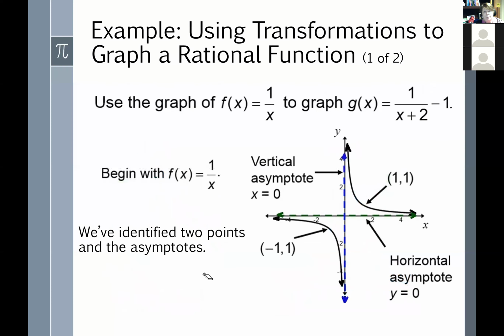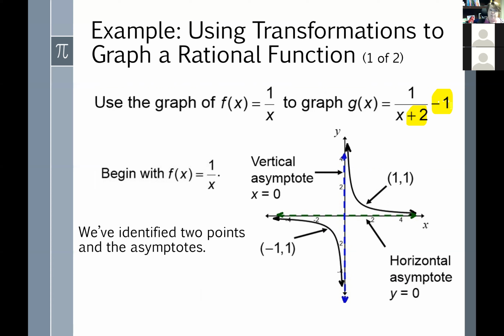So if we take the reciprocal function f of x equals 1 over x, and we add a 2 to the x, which we did right here, and then we subtract 1, we get a new function, g of x. So g of x is 1 over x plus 2, minus 1. Well, what does that do to this standard reciprocal function?